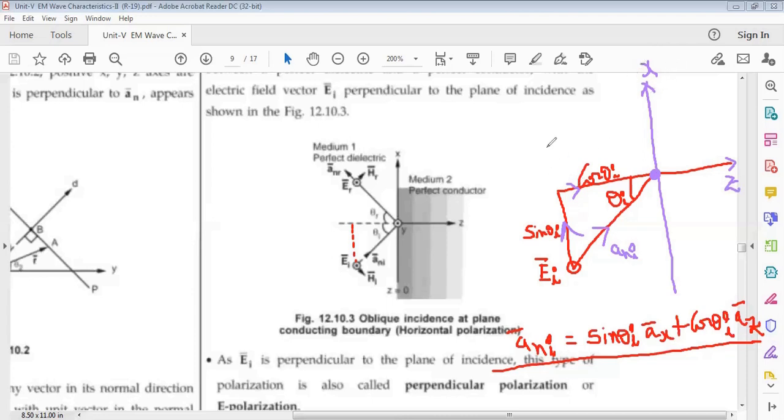It is along the X direction. Cos theta I is along the Z direction. ANI bar is equal to sine theta I into AX bar plus cos theta I into AZ bar.